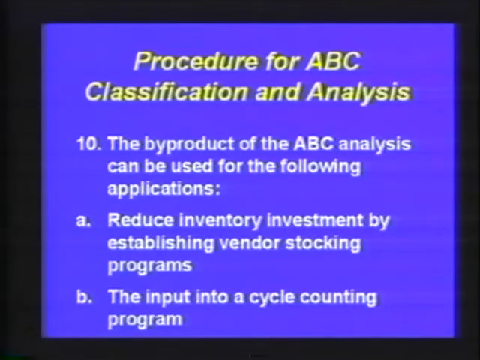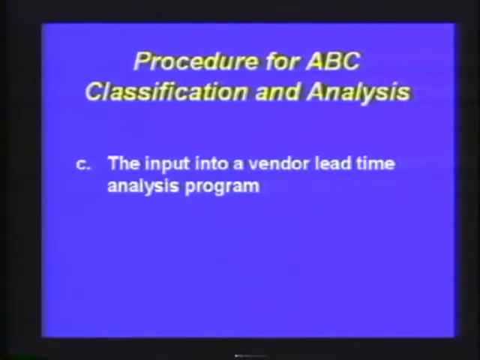Secondly, it's the input into cycle counting, and we'll be discussing that in a moment. It also can be used by purchasing to analyze the lead times of critical A, B, and C items.